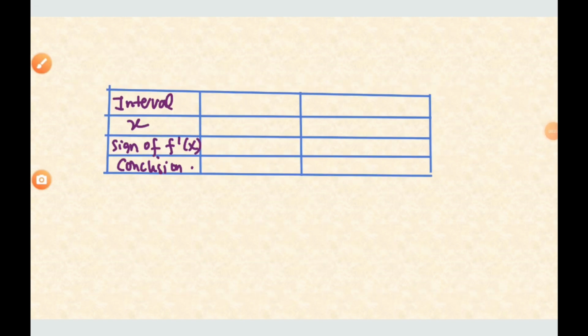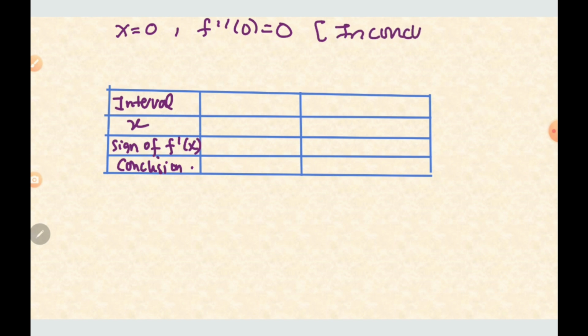Okay, so just now we tested x equals 0 in f double prime, and f double prime of 0 is equal to 0, which is inconclusive. We cannot say either the point is maximum or minimum, so we need to use the first derivative test again.